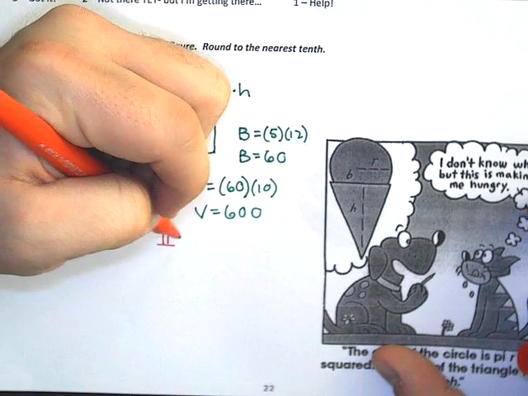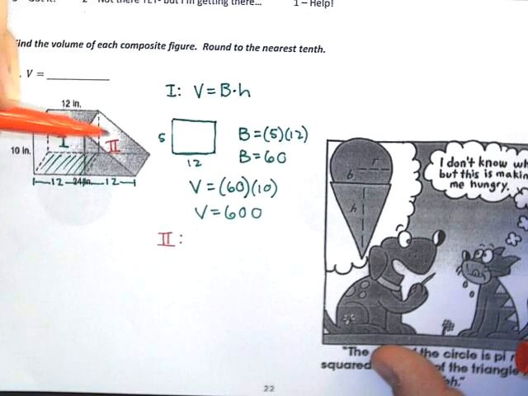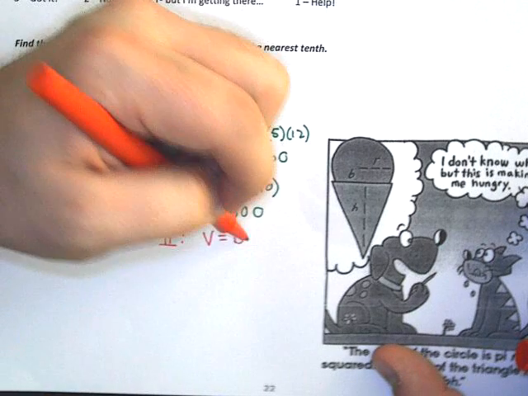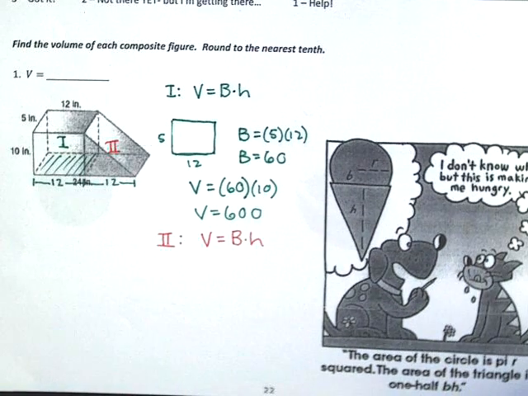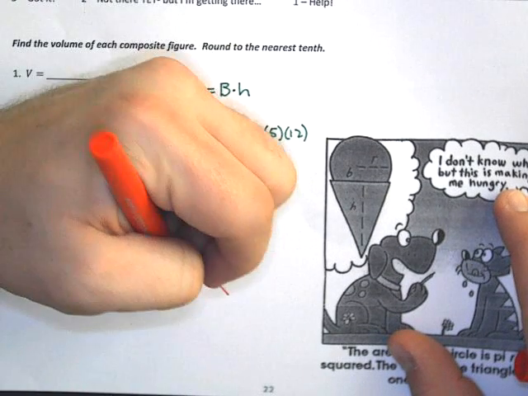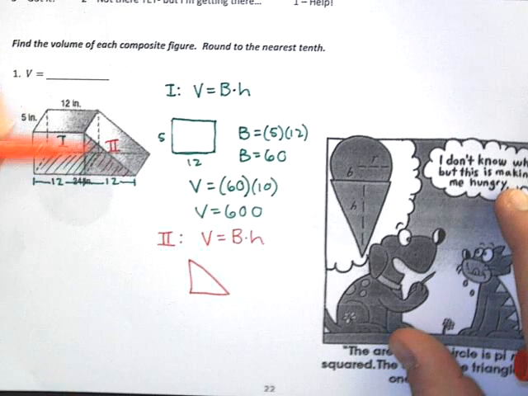Again, this is a prism. There are 2 congruent parallel triangular bases. So it is a prism, and I'm going to use BH. Let me sketch the base. When I sketch the base, I'm going to use this front piece. I know it's kind of tricky because I'm switching it up. I'm using the front.